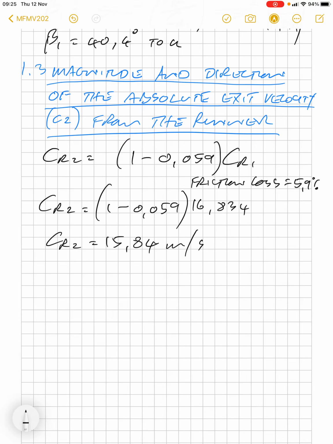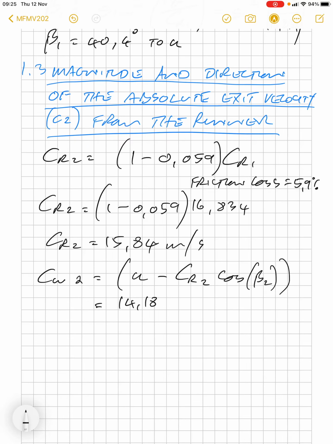Alright, CW2 is equal to U minus CR2 cos of beta 2, some geometry.